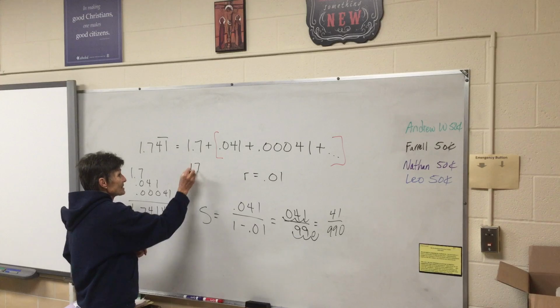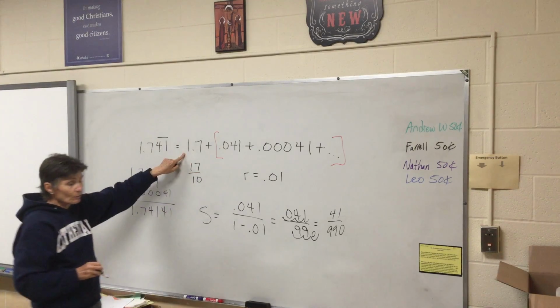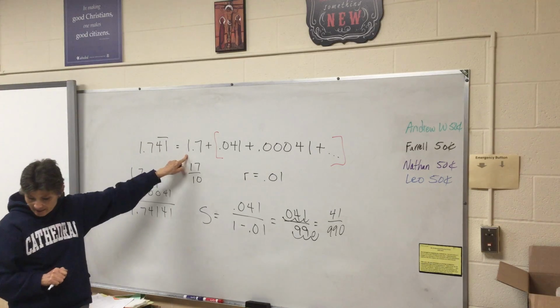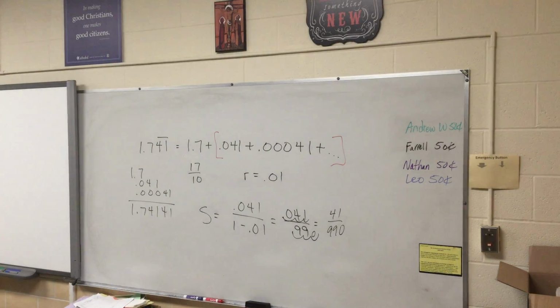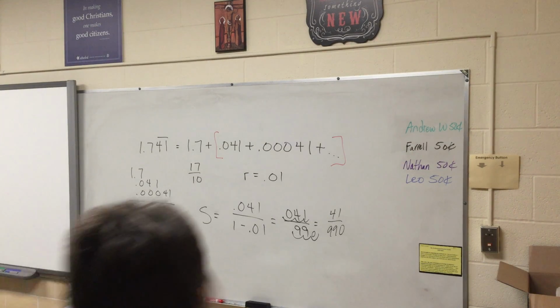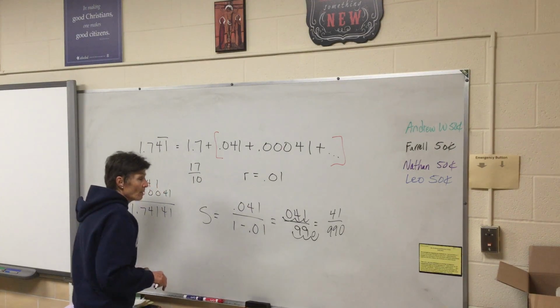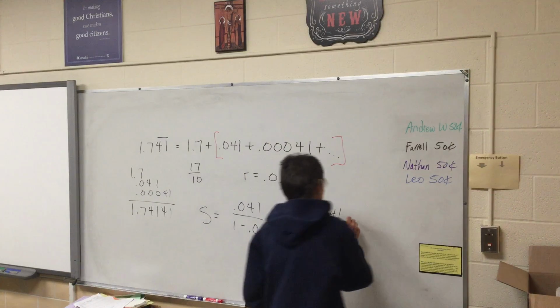And I'm going to think of that as 17/10. Would everybody agree that 1.7 is 1 7/10 or 17/10? So I'm going to add 17/10 on the end here.